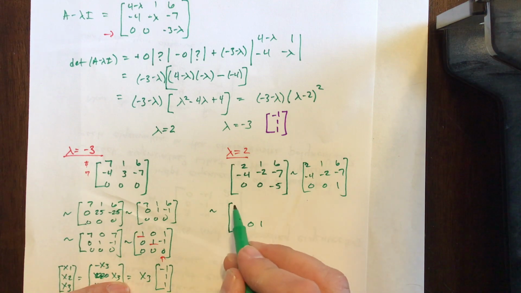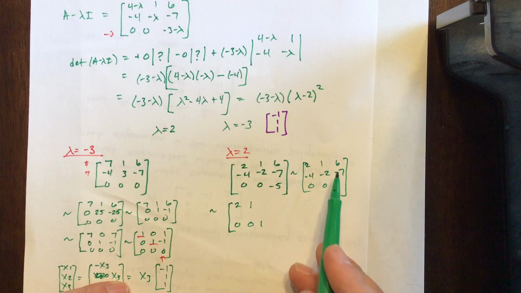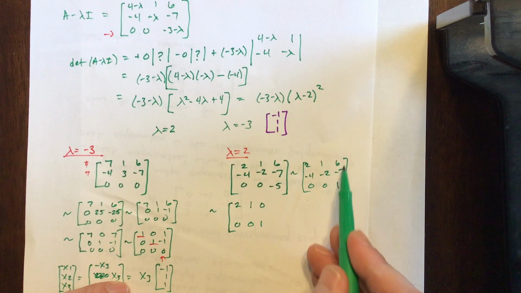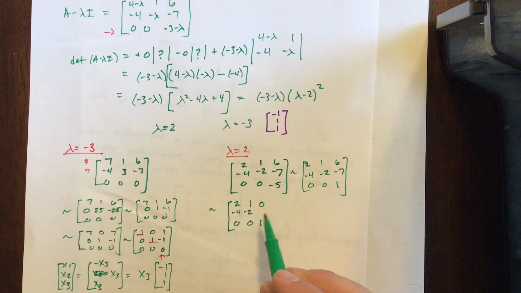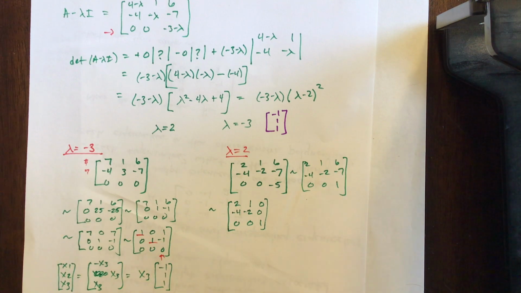So 2 minus 0 is 0, 1 minus 0 is 1, 6 minus 6 is 0. So essentially put the 0 right there. In the same way, I can multiply row 3 by 7 and combine with row 2, and minus 7 plus 7 is 0. So once I have a pivot right here, I could just put zeros everywhere above it.